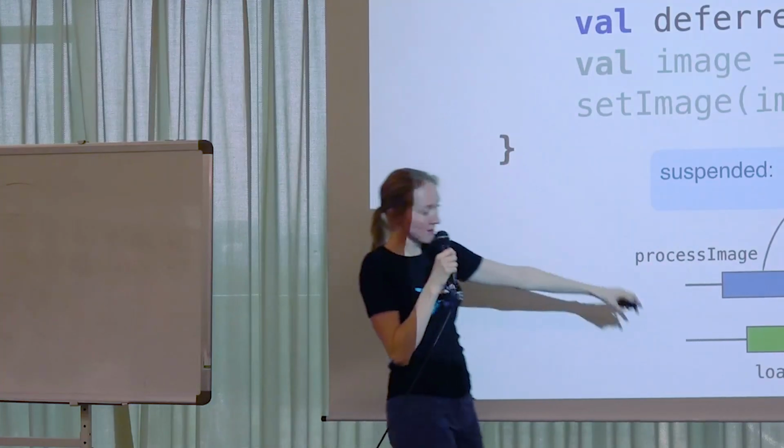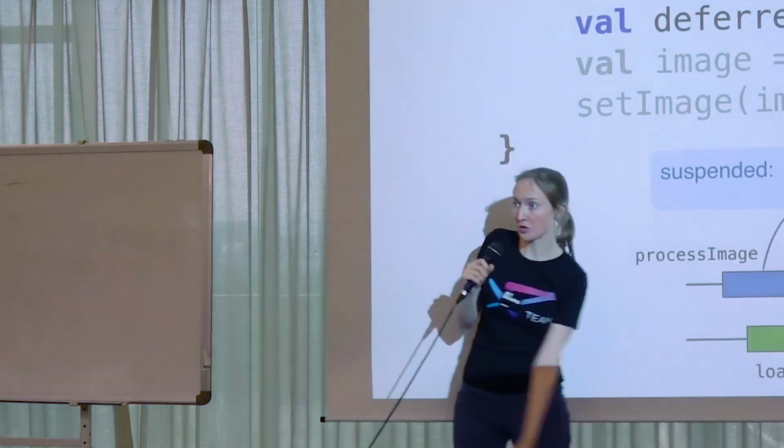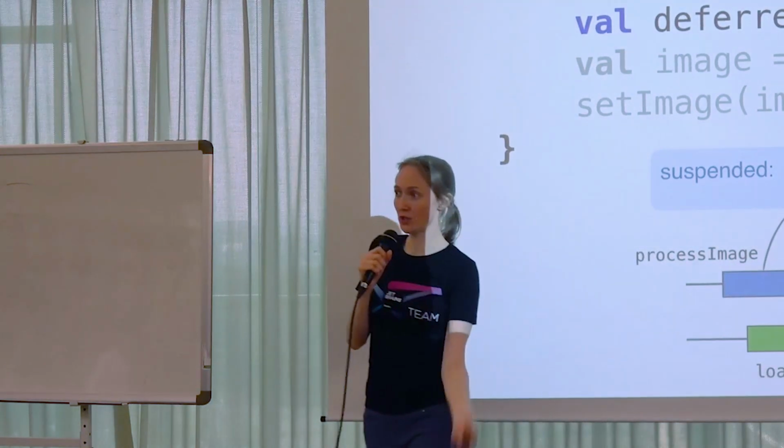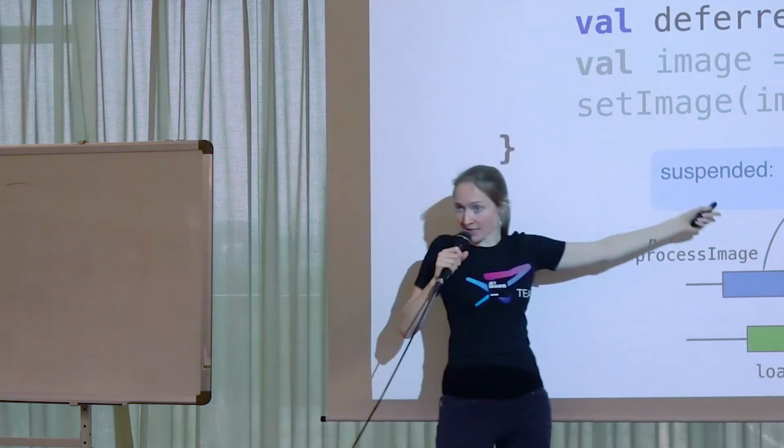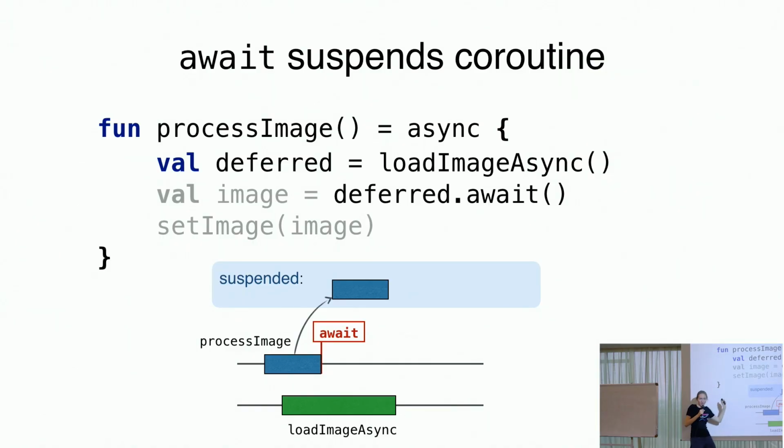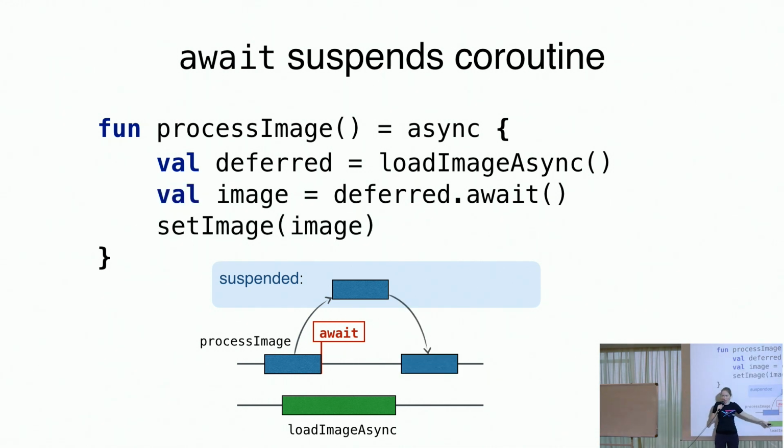Then, when loadImageAsync returns the result, the image is loaded, it triggers the suspended computation and returns it to the thread. So when the image is loaded, our suspended computation is returned.